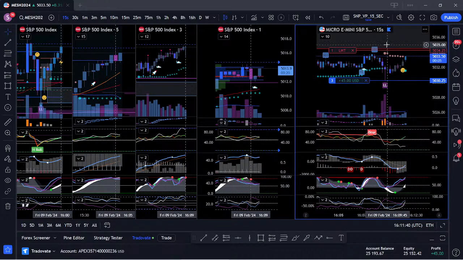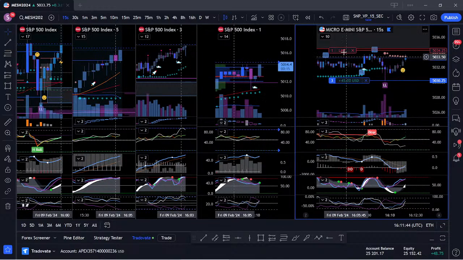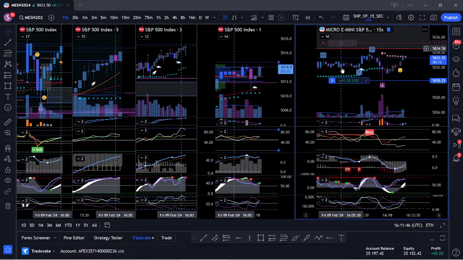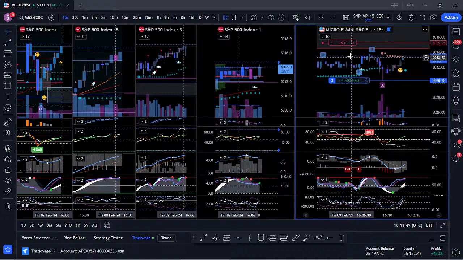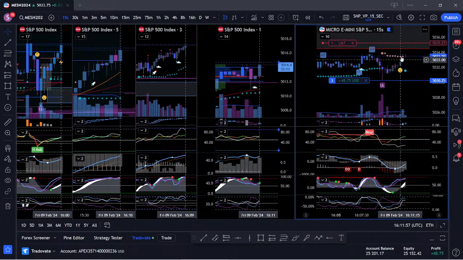We have like 2 or 3 ticks. It looks strong, so let's just put it here. Let's wait for it to make a new high. It looks strong, healthy.